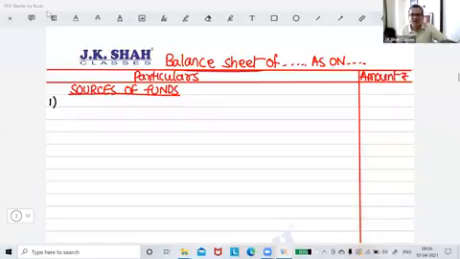One thing is clear: own funds and borrowed funds. But own funds now comes by different names. So here I'm going to write all possible names, so that tomorrow you don't have any confusion.